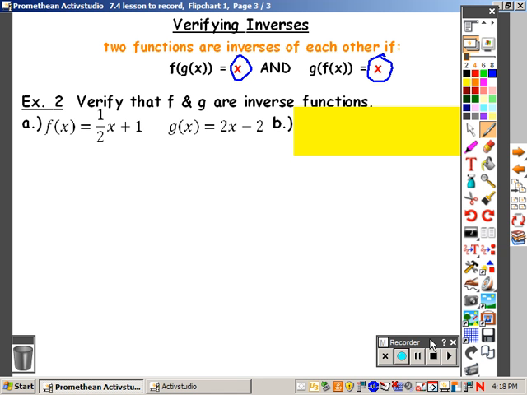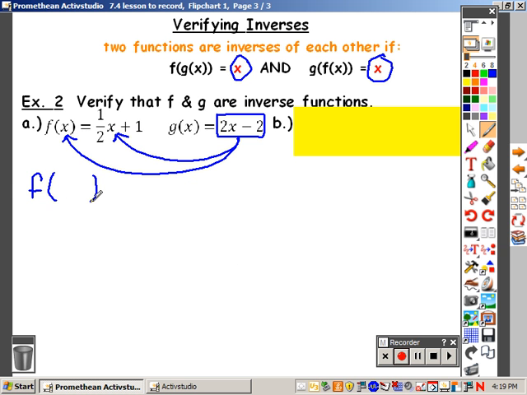First, I have to take 2x minus 2. If you want to put that in a box, it might help you. And I have to put it inside the other equation. I have to plug this 2x minus 2 in for x into the other equation. So in other words, what I'm saying is f of g of x. Well, what is g of x?